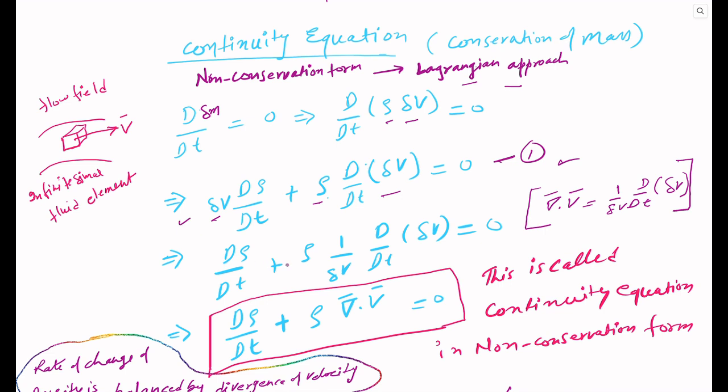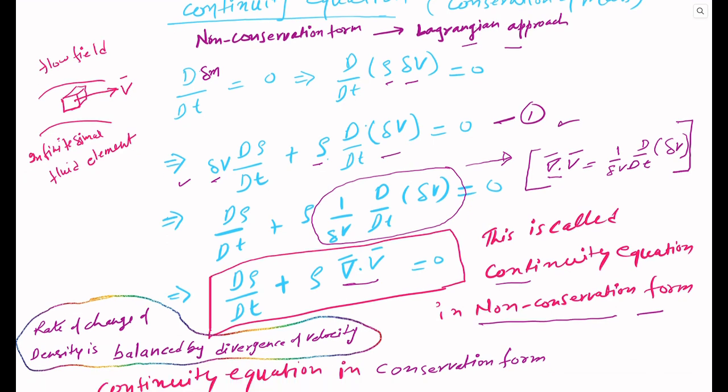So we will get this. We know from the definition of divergence of velocity in the last lecture that this value equals the divergence of velocity. So we can write this term in place of that. This is called the continuity equation in non-conservation form.